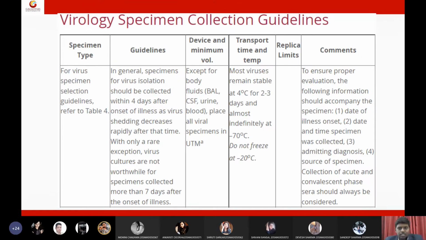Then this is important. This slide is very much important. Okay, I know this is boring stuff, but you must know things. At least try to remember some 4 to 5 viruses, collection of 4 to 5 viruses. So this is a specimen type, guidelines, device, transport time and temperature, and the importance of this one.